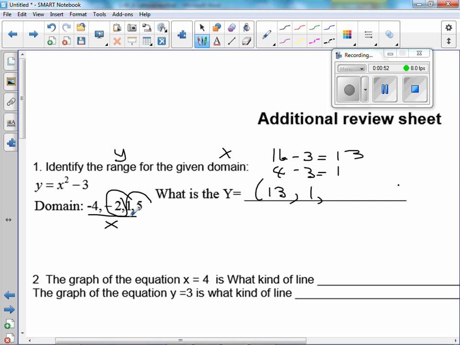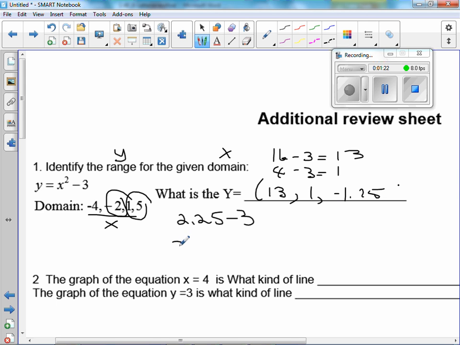And 1.5 squared is 1.5 times 1.5, which is 2.25, minus 3, and that would give you a negative 1.75, I believe. Let's just check it.